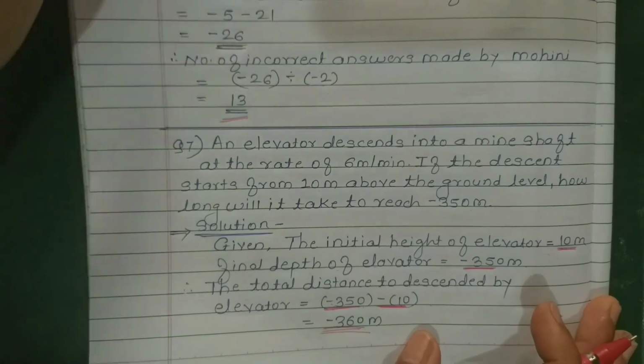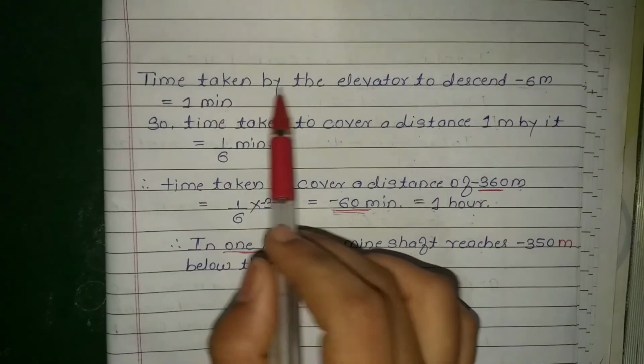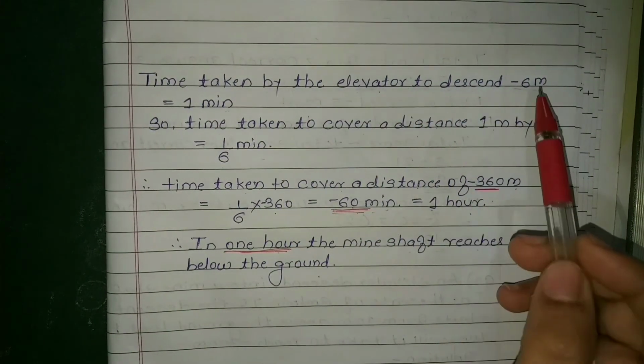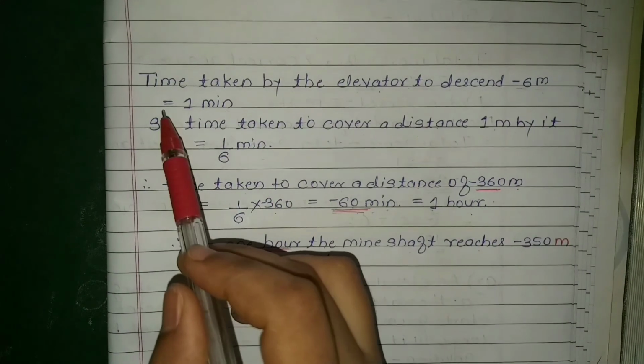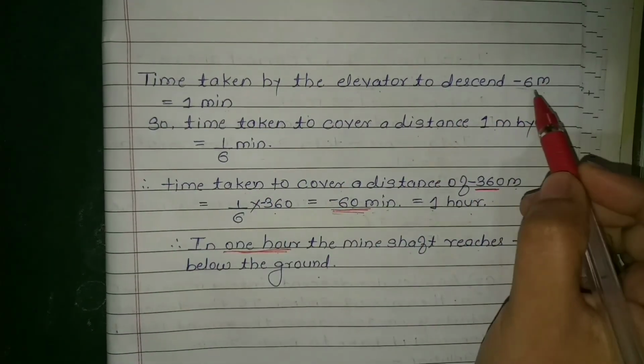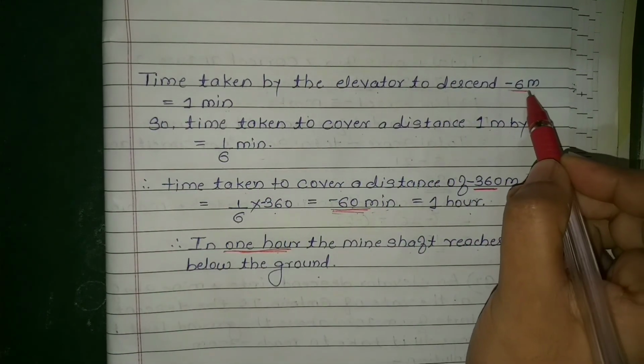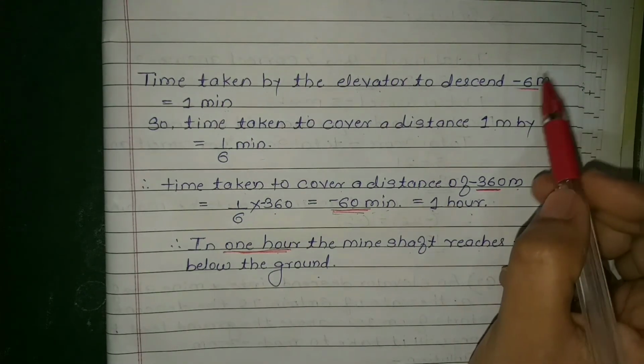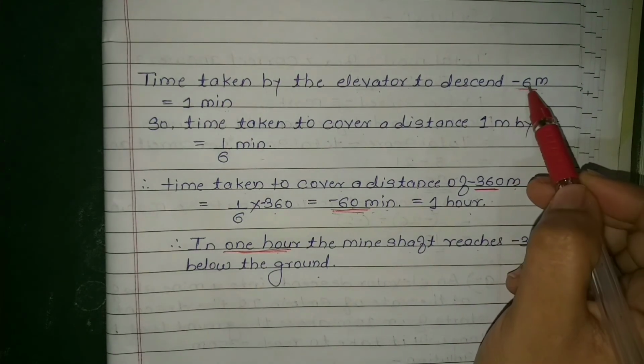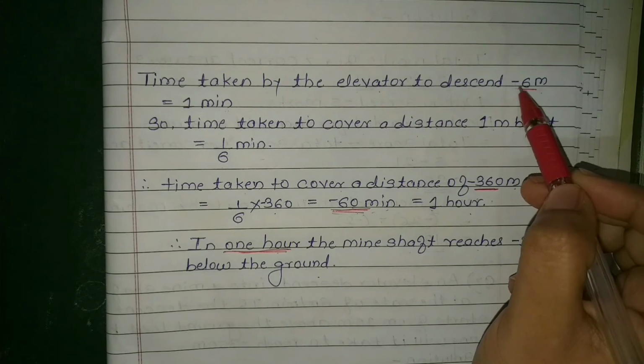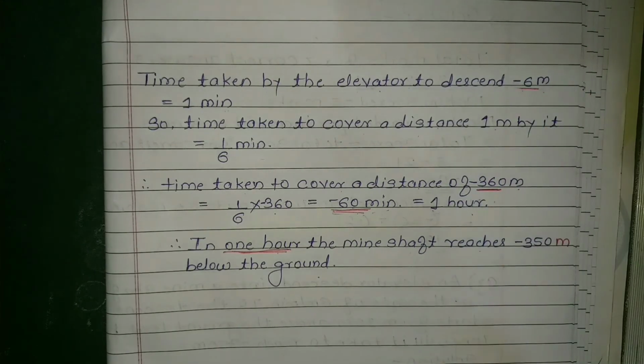Okay, so the time taken by the elevator to descend 6 meter is equal to 1 minute. Now the distance is 6 meter. Since it is moving in the opposite direction, here we write -6. This negative sign indicates only the opposite direction.